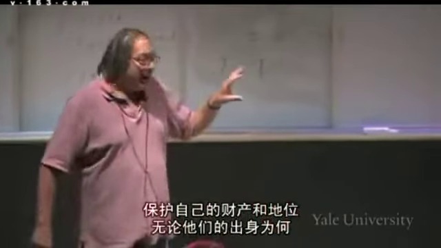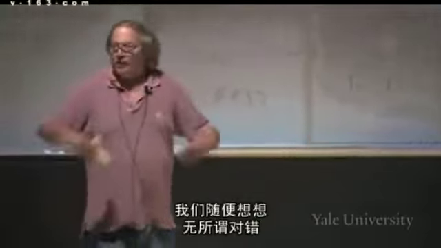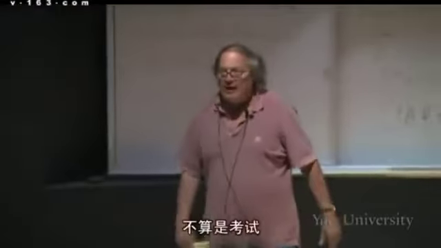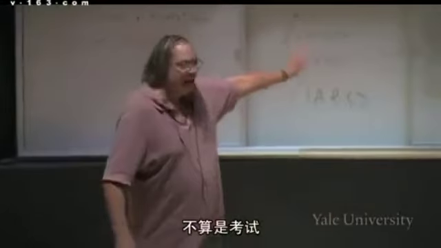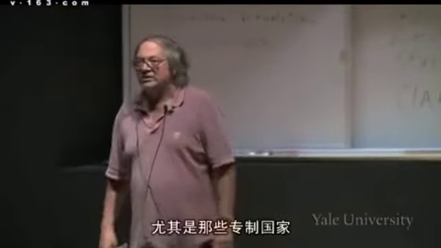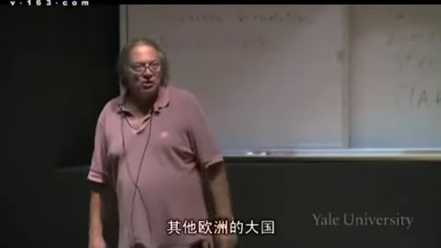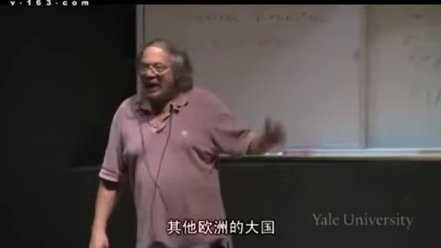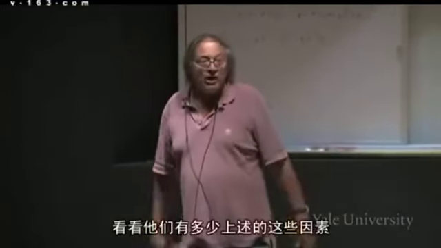So you could just have to amuse yourself, not for any kind of punitive exam exercise, but it'd be fun to take these categories and think about these other countries. Particularly those were absolute states, other large, important states in Europe, and see to what extent you have these factors there. Prussia, I already said.